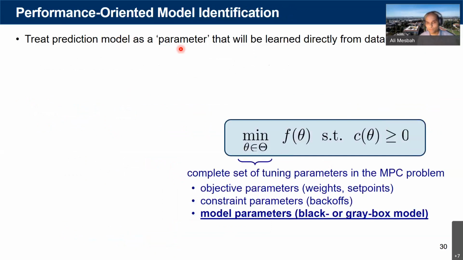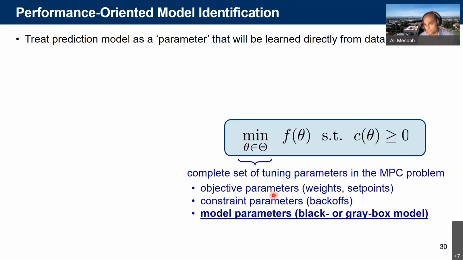So what we do here, we really try to solve some optimization problem, right? So we want to minimize some function, and this function provides some closed-loop performance measure, subject to the constraints, and our decision variables theta. They essentially could be any parameter, any tuning parameter, any tuning knob that you have in your controller.